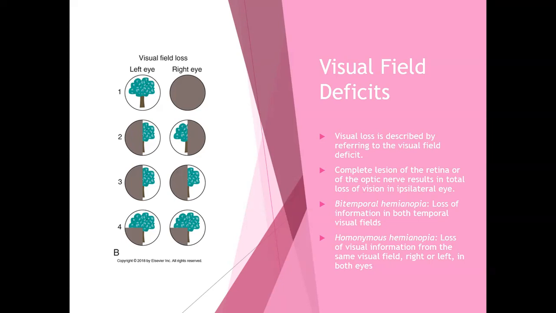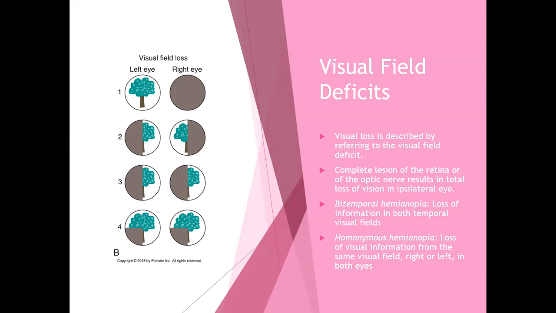Homonymous hemianopsia is the loss of visual information from the same visual field, right or left, in both eyes. So you lose, like in number 3 on here, the left side of the left eye and the left side of the right eye. So what it ends up looking like is a visual field cut where you can see the right side of the visual field, but you don't see the left side of the visual field.